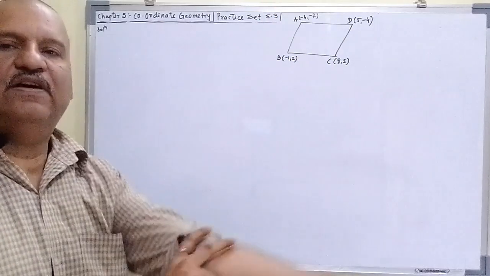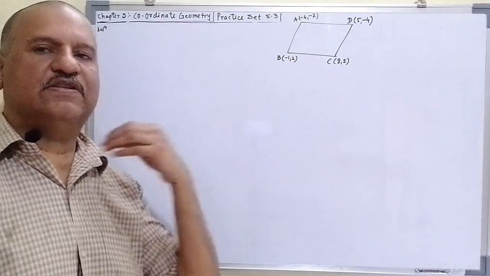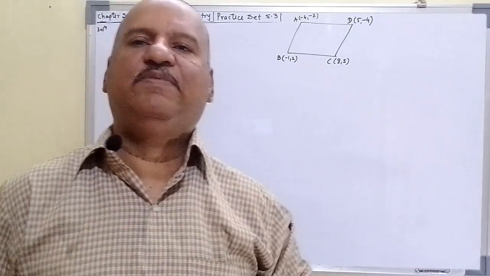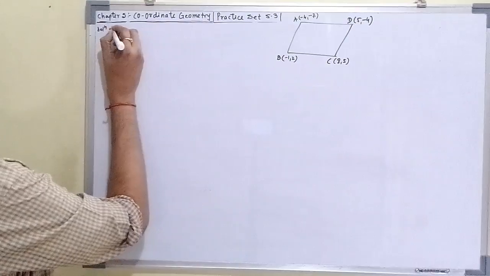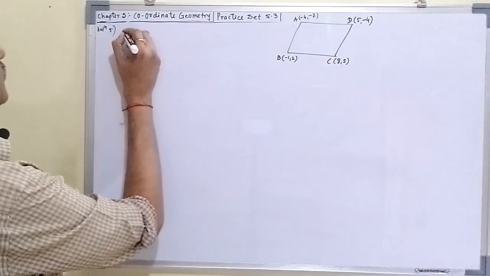You have to show these are the vertices of a parallelogram, meaning we have to show that ABCD is a parallelogram. This is question number 5.